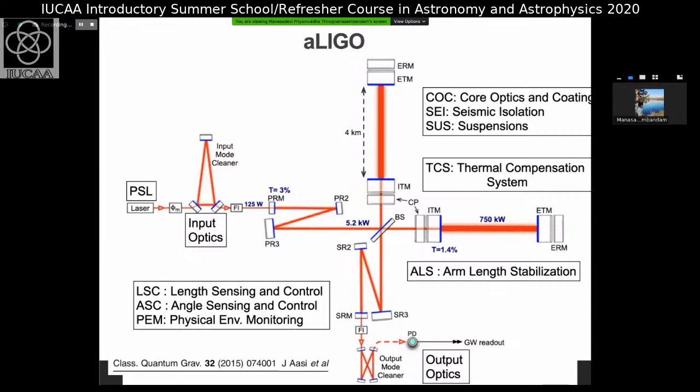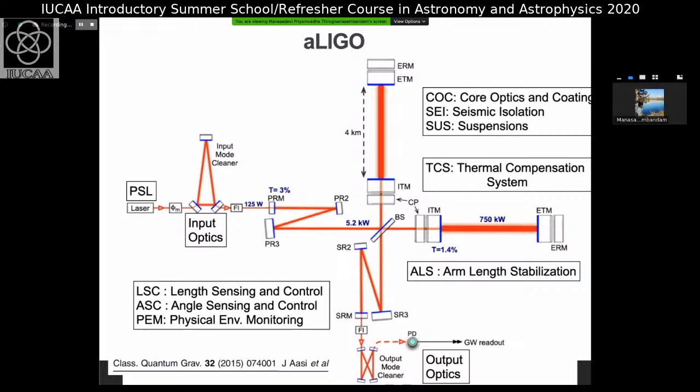And in here also, you have the 2 folding mirrors, SR2 and SR3, which do the same job as PR2 and PR3 in allowing us to get the desired length for the signal recycling cavity.